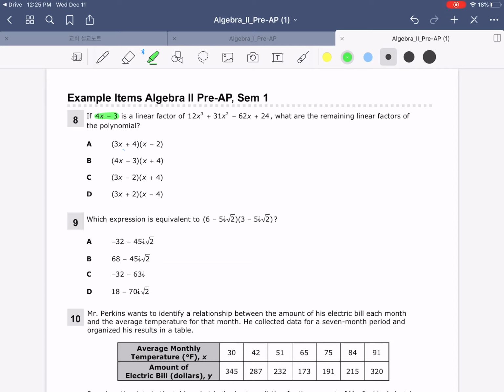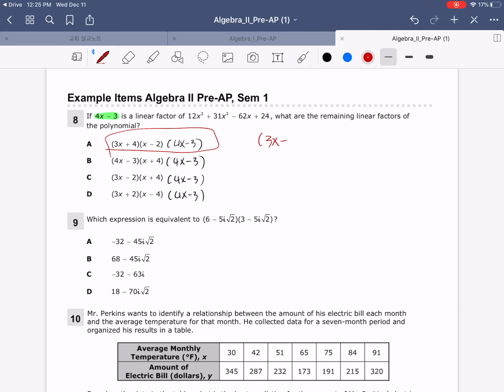What you can do is put 4x minus 3 next to every single one of these. After that, you're gonna use FOIL. Let me just give you an example for the first one. So it's gonna be 3x plus 4x minus 2, 4x minus 3.